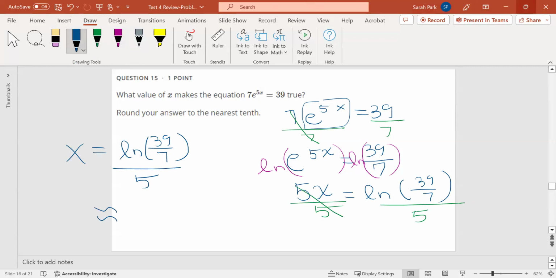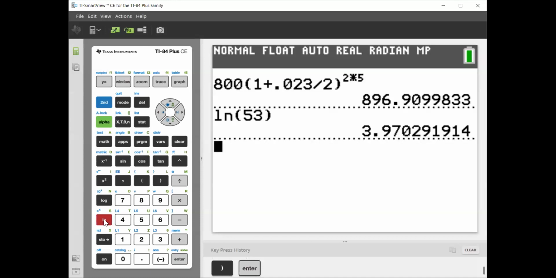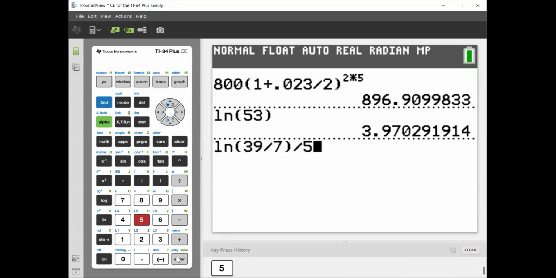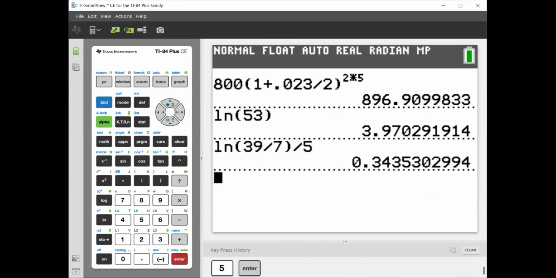So let's go ahead to our calculators and type that in. We had ln of 39 over 7, close parentheses, and then we divide that by 5. So we have 0.34.